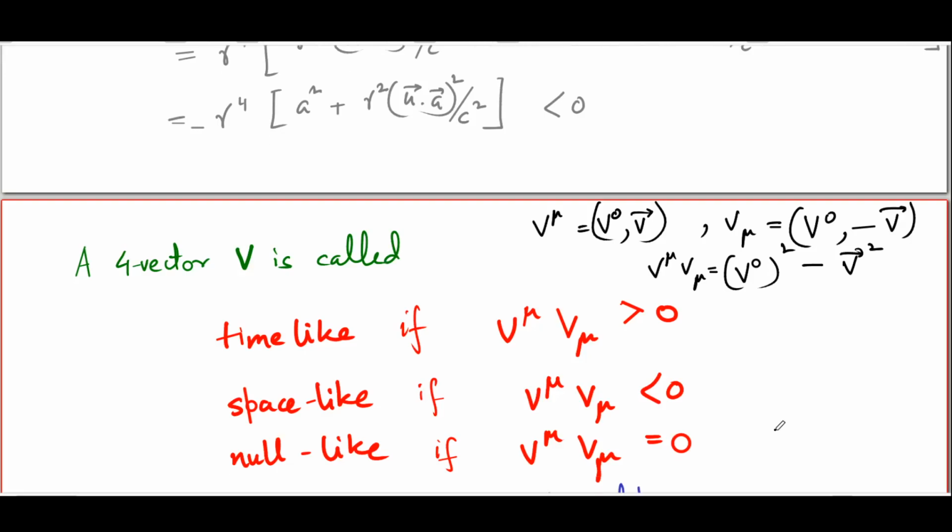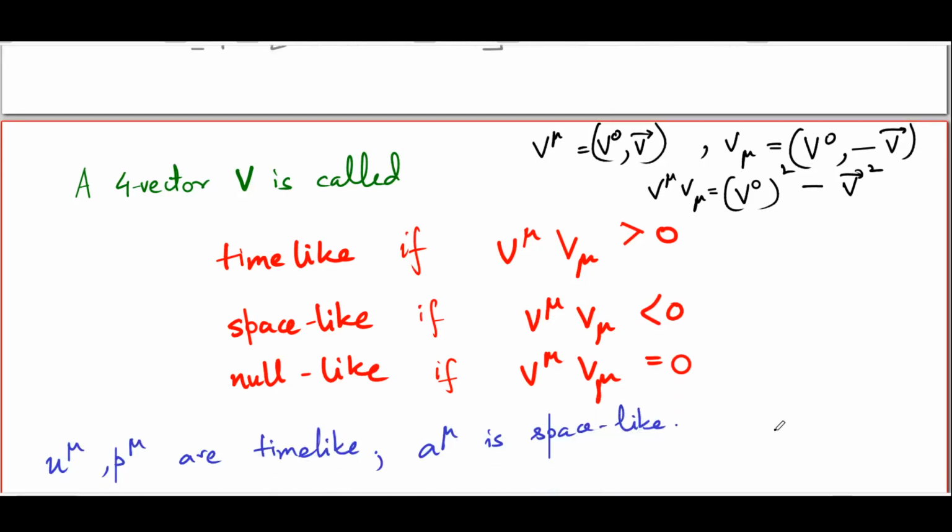So, among the 4 vectors we have met so far, u mu and p mu are time-like. Remember, u mu has a norm squared, u upper mu, u lower mu, of c square. For p upper mu, p lower mu is m square c square. These are both positive quantities, so these are time-like 4 vectors. A mu, as we have just seen, is space-like because it has a negative square.